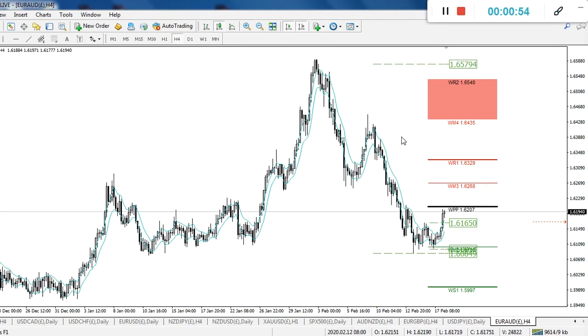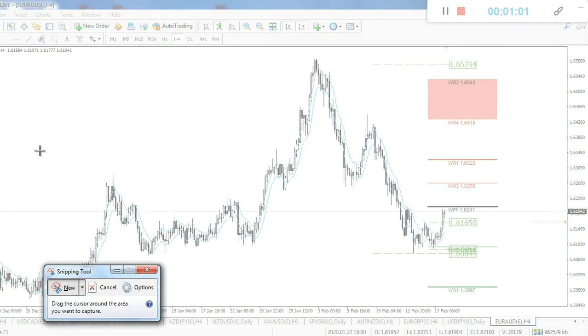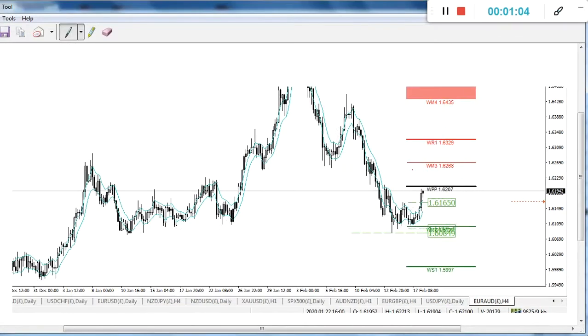Let me bring up a snippet again and draw this big line. If that breaks this weekly pivot, and you've also got this high and these small highs up here, and it breaks and closes nicely, then I will be looking for some retracements to get onto the long side.